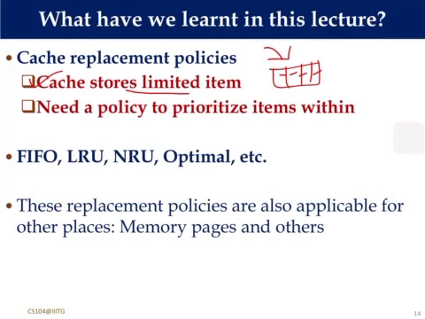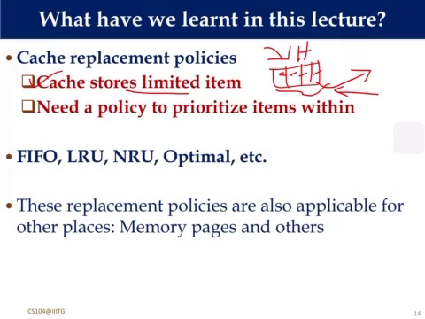Now when it becomes full, we need to do something so as to prioritize the contents of these locations, so that whenever there's a question of replacing something, you can decide which one will go, right? So that's what cache replacement policy basically deals with. Of course, it also tells where to place the block, and whether there will be a change in case of a hit, stuff like that.